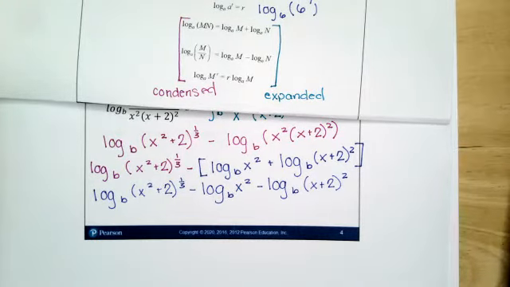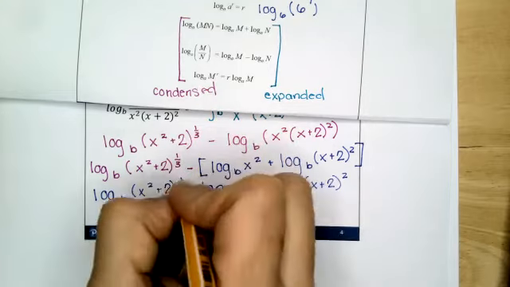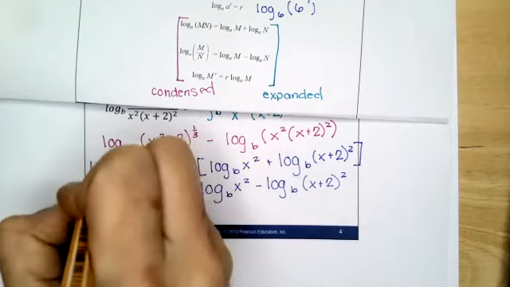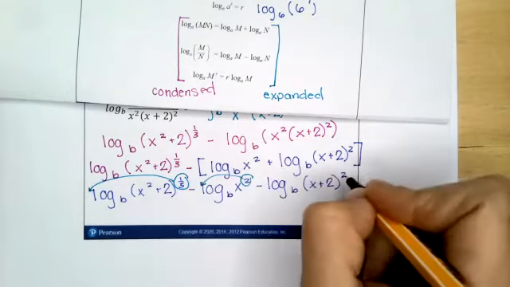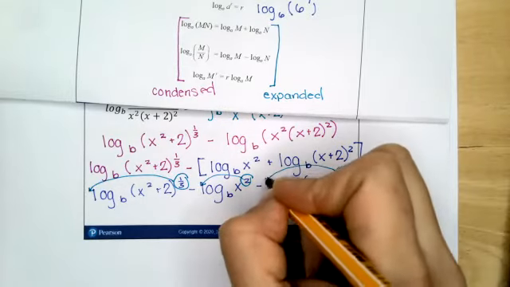Now, finally, I move the exponents down in front. So I have a 1/3 here. The last thing I can do is move the exponents. I have a 2 here, and I have a 2 here.